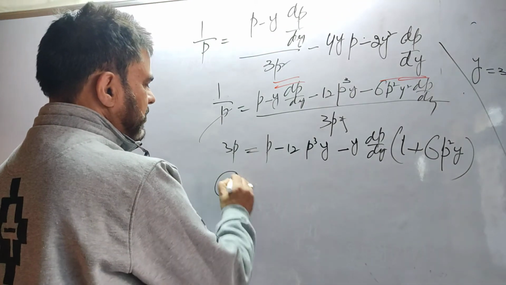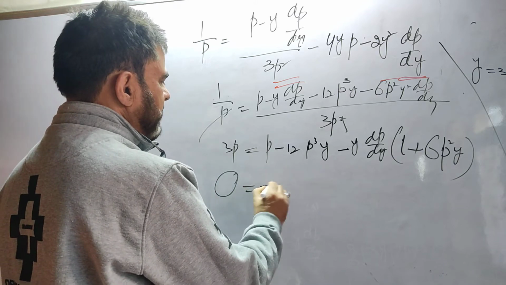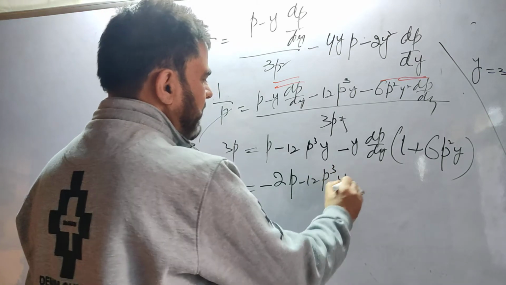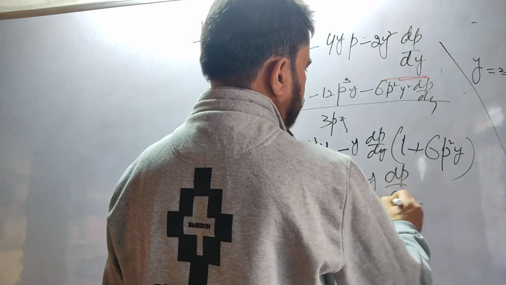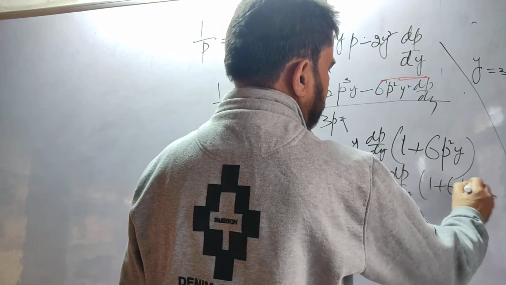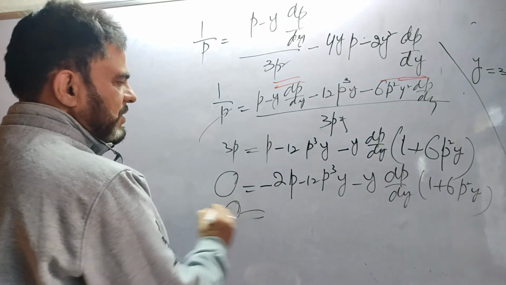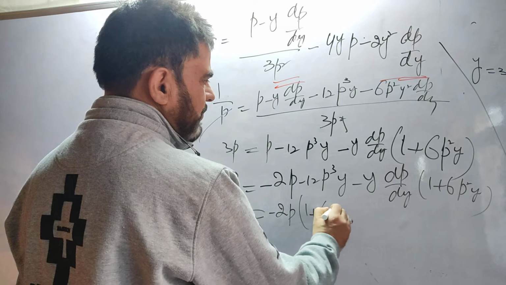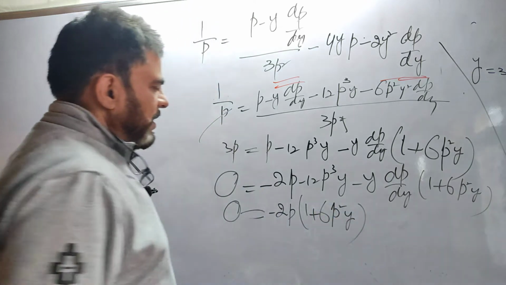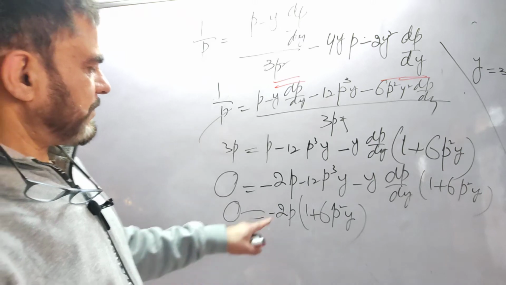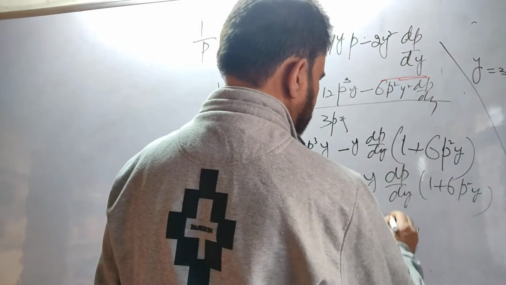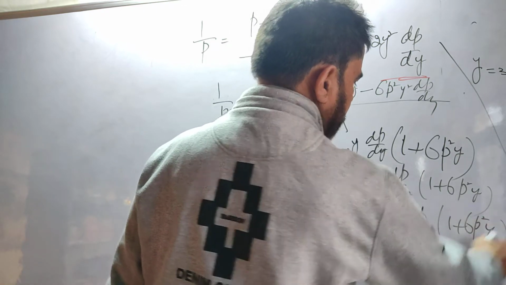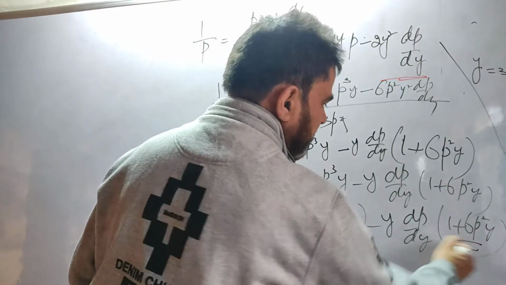Now what about here? It is 0 is equal to, this is minus 2p minus 12p cube y minus y dp by dy into 1 plus 6p square y. You can write this 0 is equal to, you can take minus 2p common. This will be 1 plus 6p square y, and then minus y dp by dy into 1 plus 6p square y. You have got the same factor here, factorization.